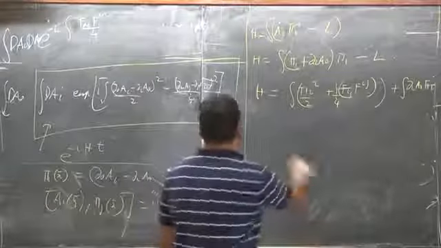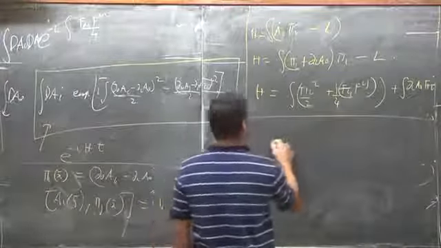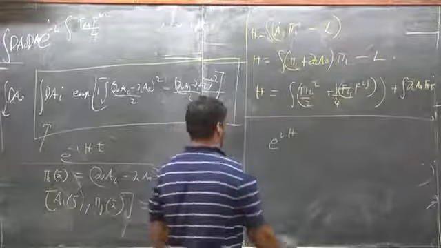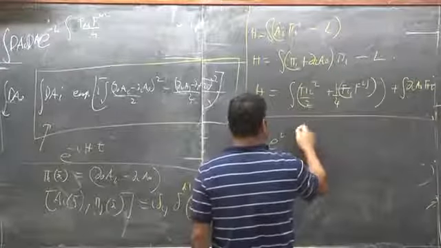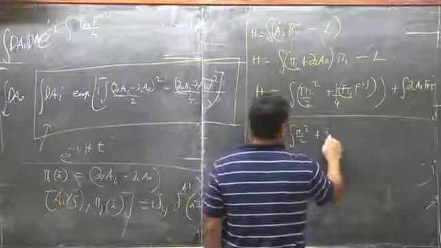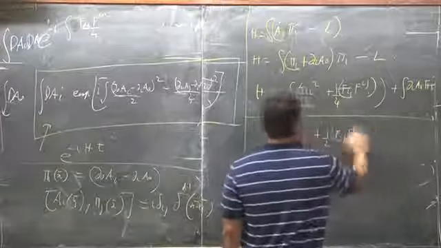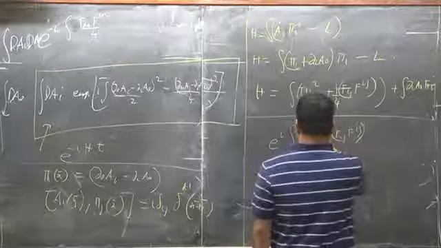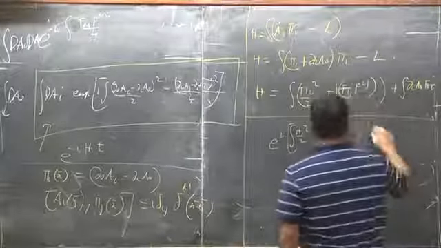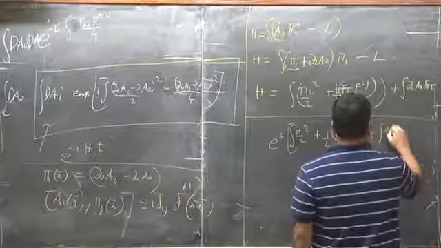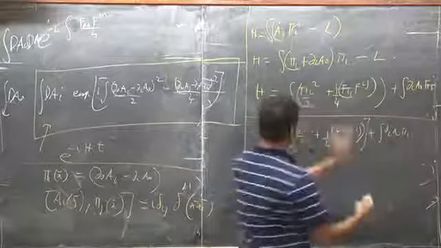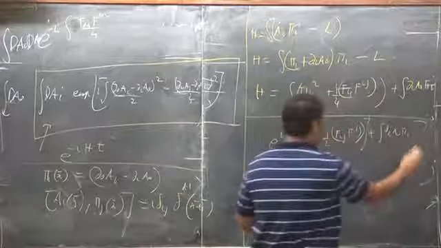Okay? So what does the path integral evaluate for us? The path integral evaluates for us e to the power i times this object, integrated over spacetime, with plus del_i A_0 pi. You know this.